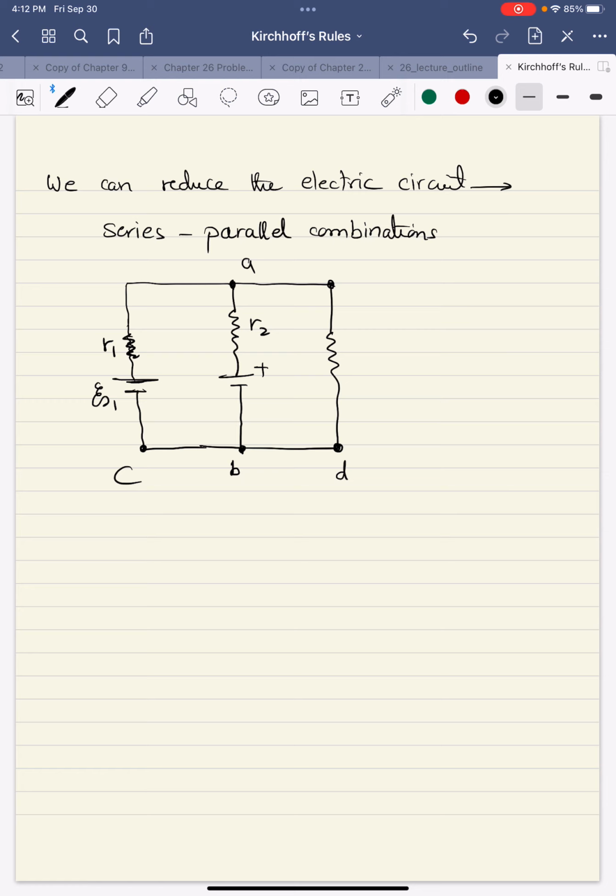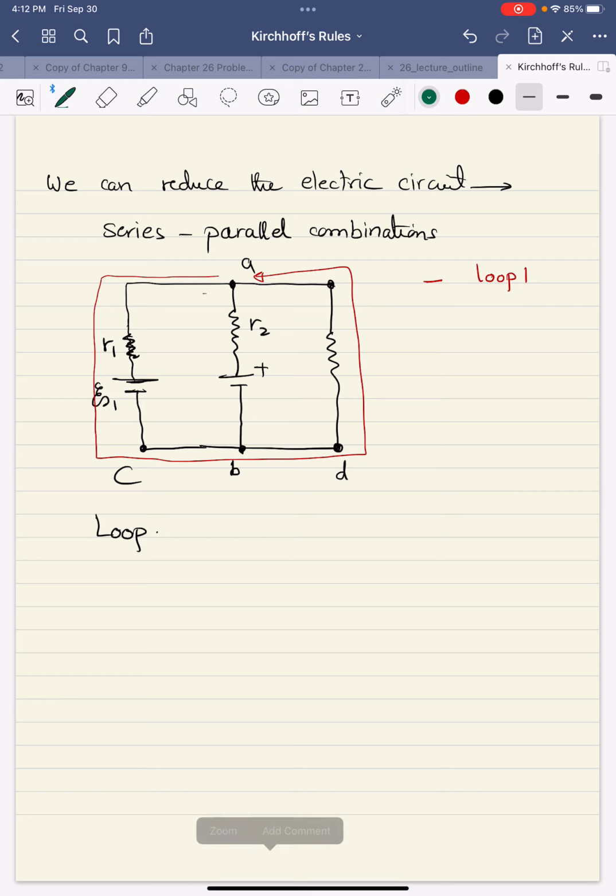Now I need to make some definitions. The first one is a loop. What is a loop? A loop is a closed path. If I go, let me use the red, this way, all the way around, this is one loop. The red is loop 1. I can also go from here to here to here, this is the green, loop 2.